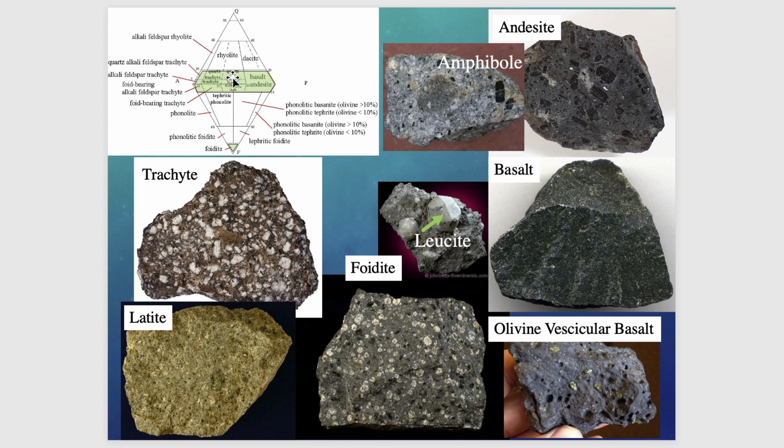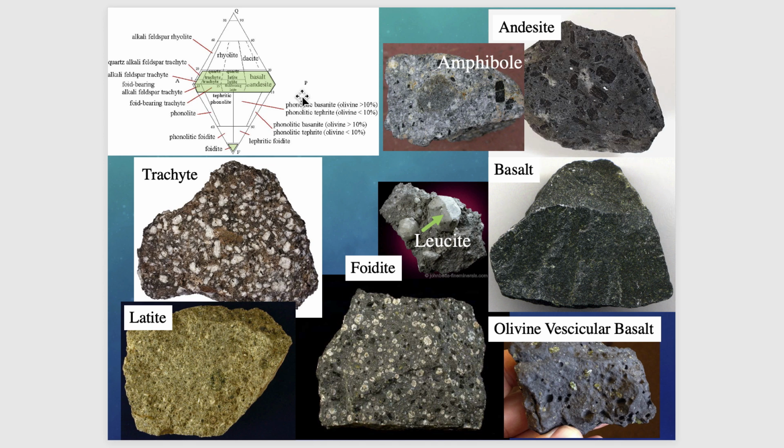If you push things further, you get the rock really dark, black in color, so a rock dominated by pyroxene and often plagioclase will be your basalt.